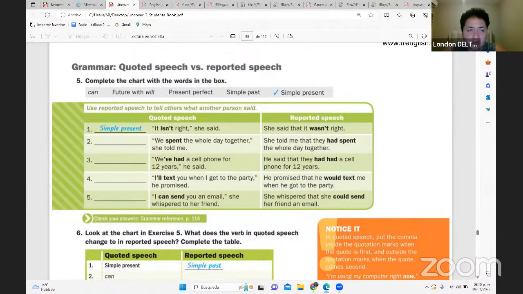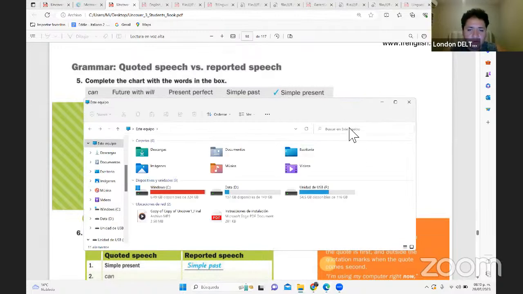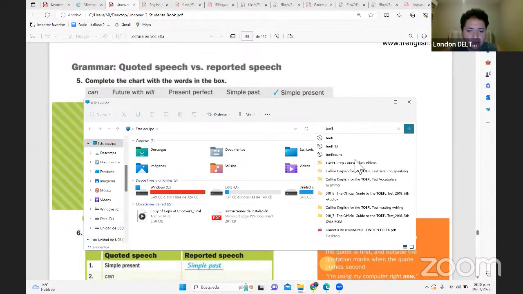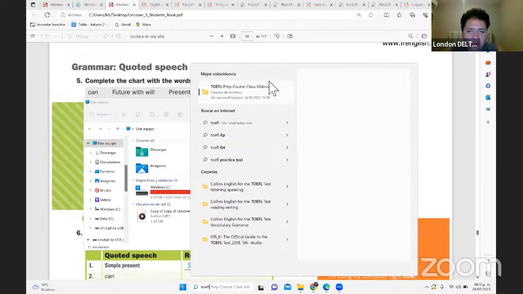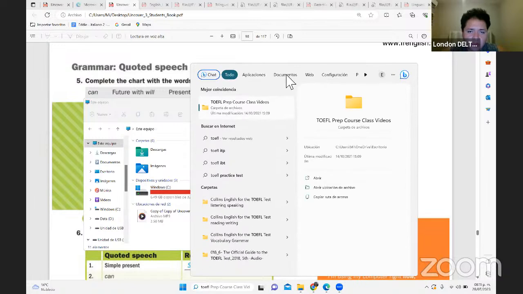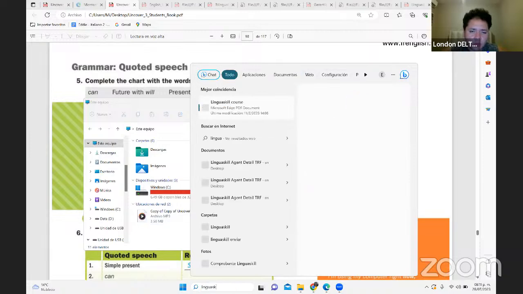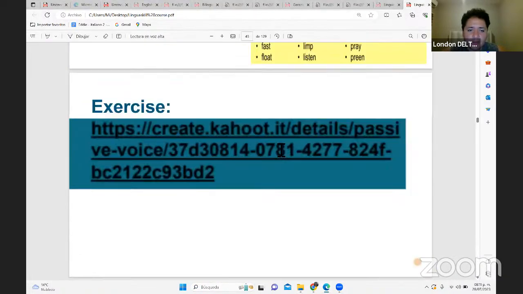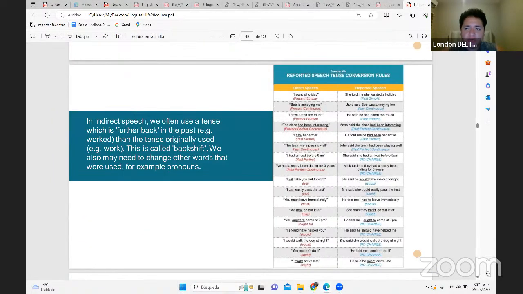Let me open the file. Okay, so this rule, and this is something new, is called backshift.